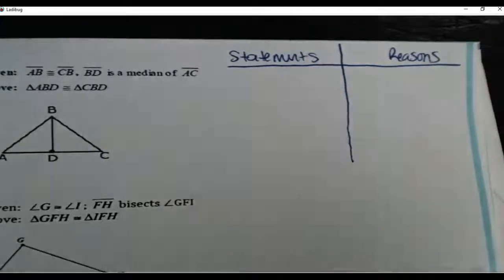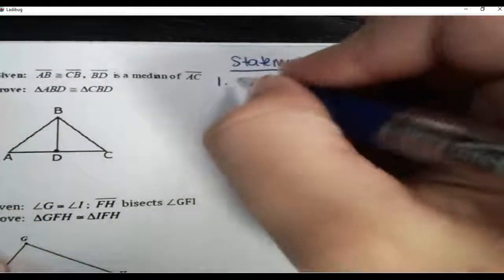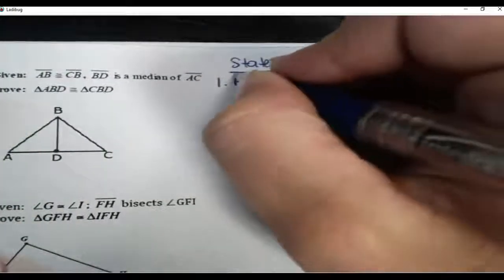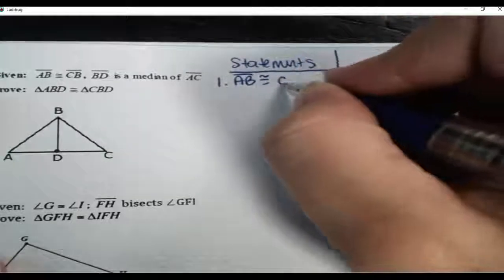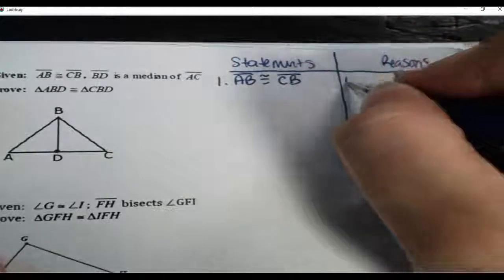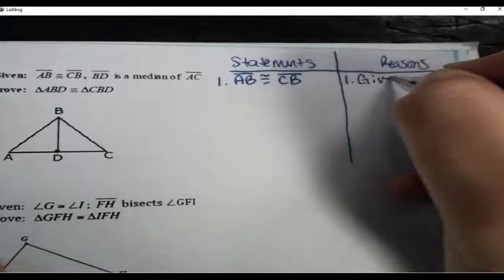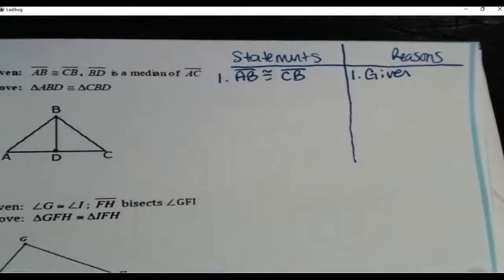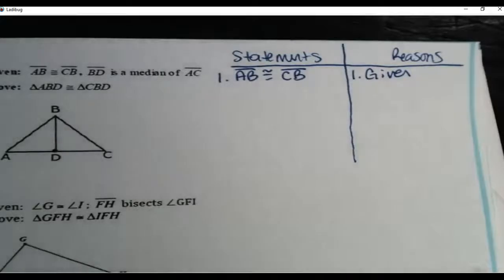Okay, so the first thing it gives us is that AB is congruent to CB. And that's our given. Okay.